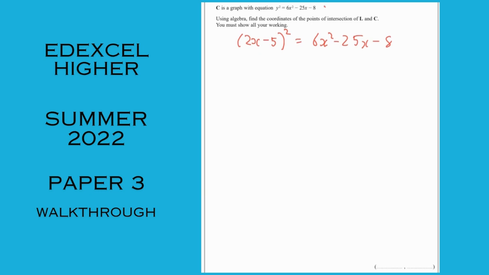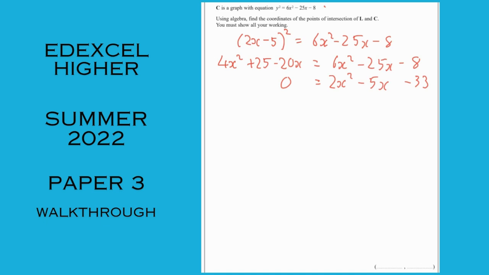So we expand the brackets, square the first, square the last, times them together and double it. The right-hand side is untouched. But now we need to make it equal to 0. Subtract 4x squared from both sides, subtracting 25 from both sides, adding 20x to both sides.